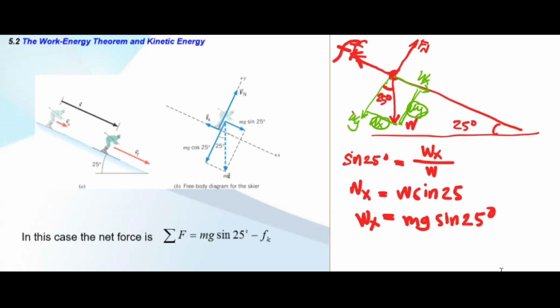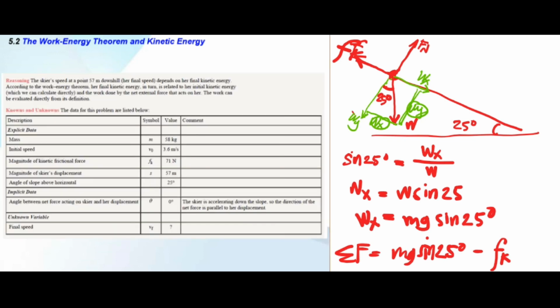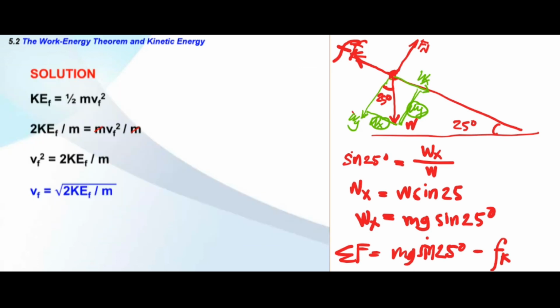So the summation of forces is equal to mg sine 25 degrees minus Fk. So those are the givens.